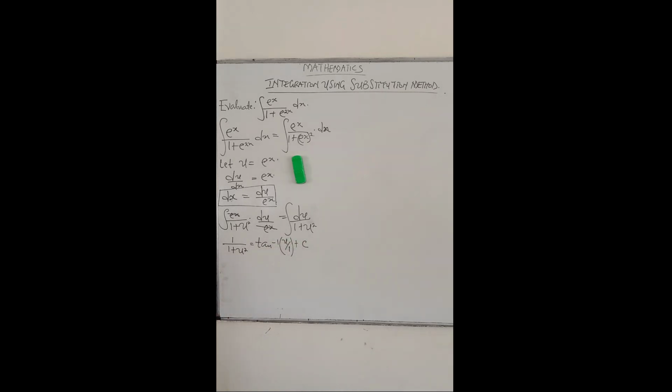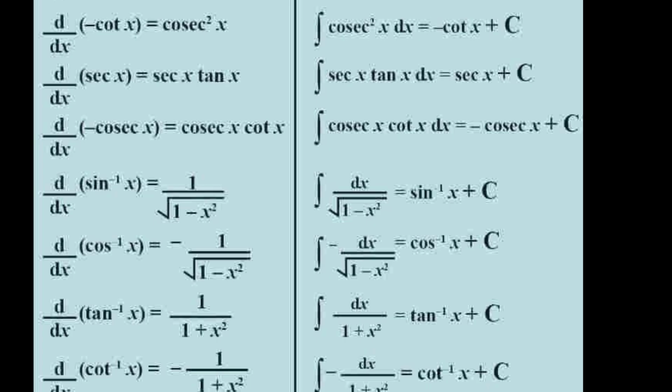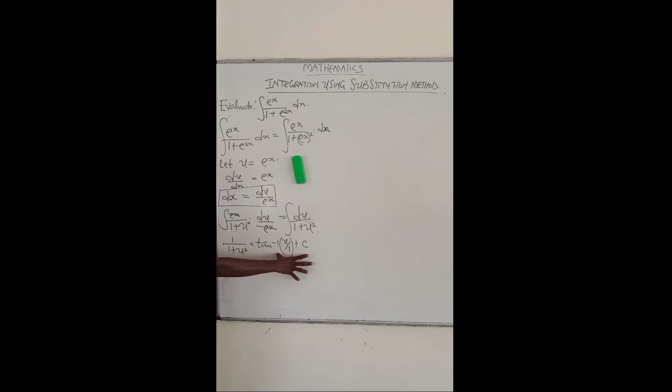If you're having 1 over 1 plus u squared, it is going to be the inverse of tan. So this can also be written like this: tan inverse of u plus c. So what is u? u is exponential x. So the final answer is tan inverse of exponential x plus c. So that is your final answer.